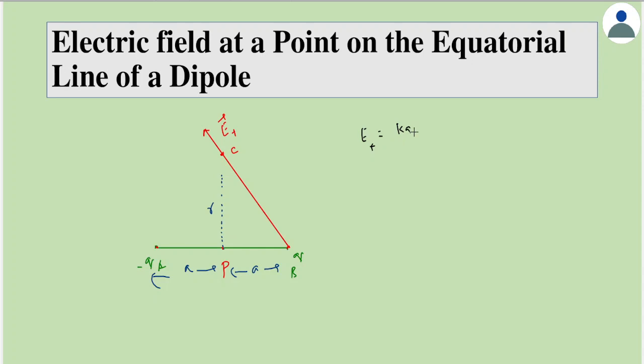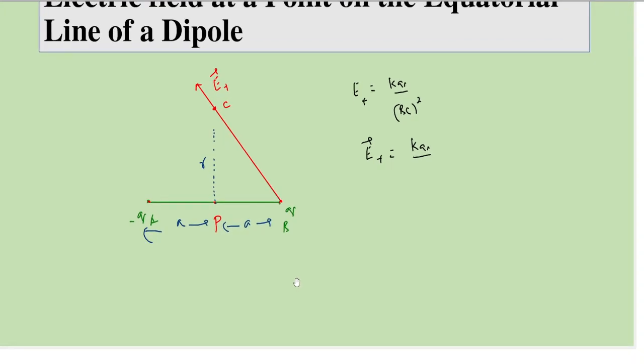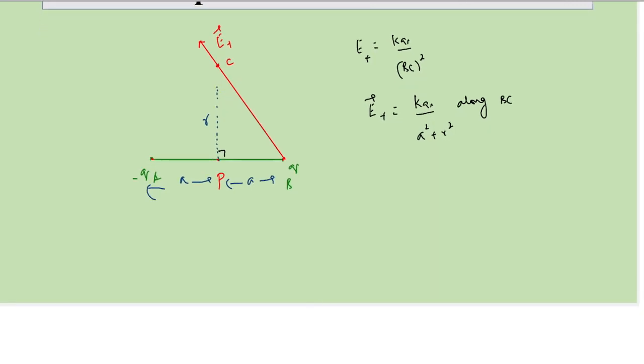It will be k into q, and the distance would be BC, the whole square. In vector form, E plus is kq by BC squared. Now this is a right angle, so BC would be the hypotenuse. From Pythagoras theorem, BC squared equals a squared plus r squared, and since a vector quantity has direction, it is along BC.